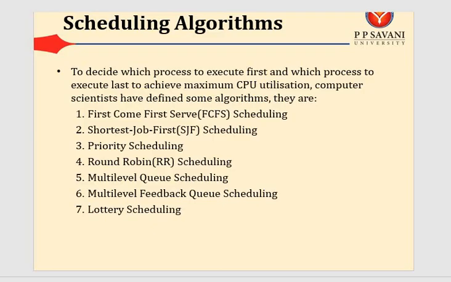Later on, we discussed scheduling, scheduler, dispatcher, and scheduling criteria, and these are the terms related to the process. Based on the scheduling criteria, we decided on the scheduling algorithms. Here is a list of scheduling algorithms that we have to learn in this chapter. We will discuss these scheduling algorithms in our next video.